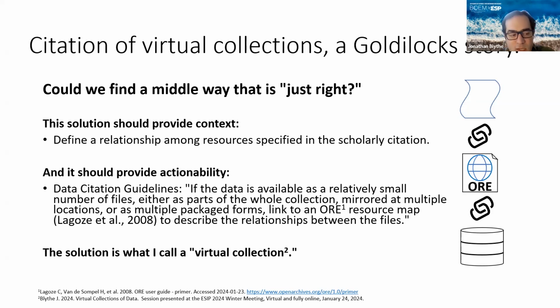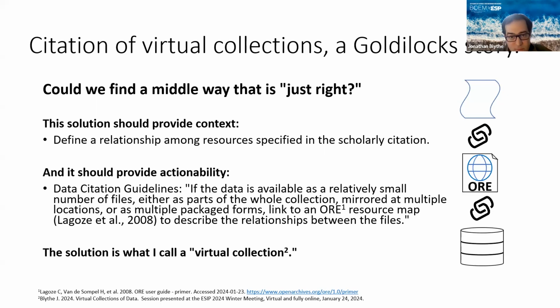For the use case that I'm exploring, the ESP Hub, we generally have small collections, so a small number of files. And initially exploring this, I just looked at NCEI accessions. So that's kind of how I've defined it for the purpose of this exploration. What they recommend in the data citation guidelines is to use the ORE resource map.